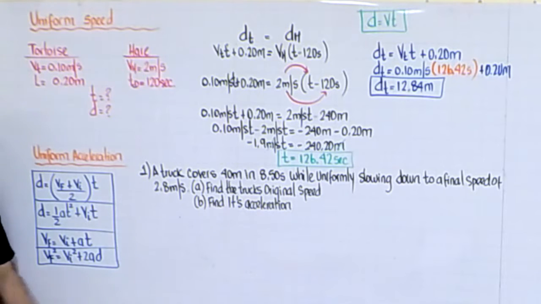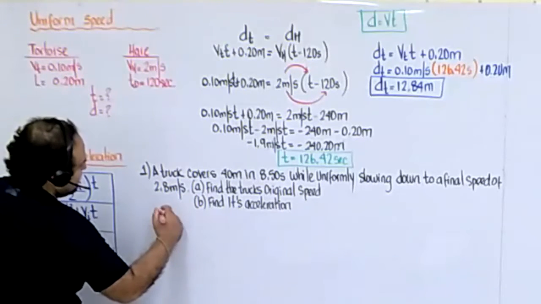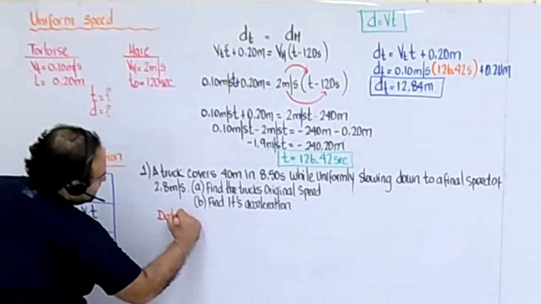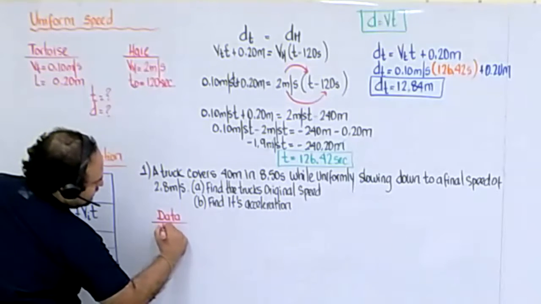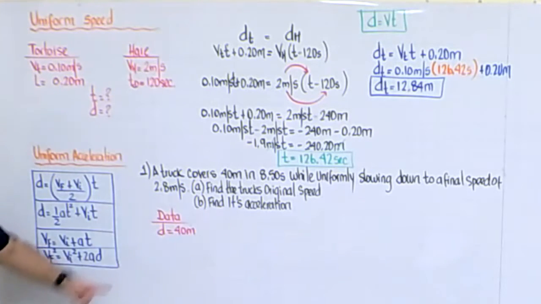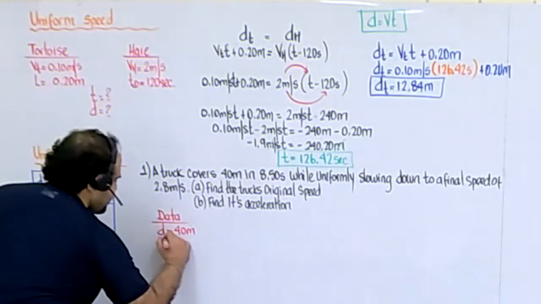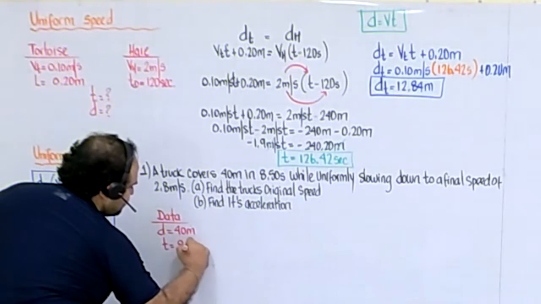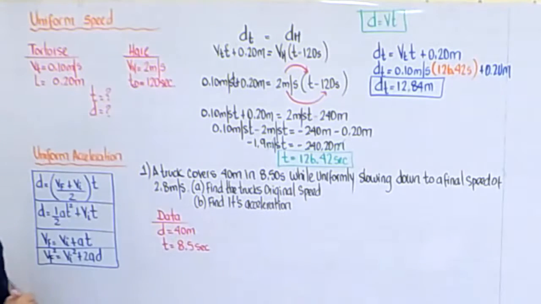So if you read the first problem, this lesson says a truck covers 40 meters. 40 meters, what data is this? Okay, 40 meters is a distance. Remember the unit of that distance is meters or feet. Distance 40 meters, in 8.5 seconds. Obviously, this is the period of time. Continue.